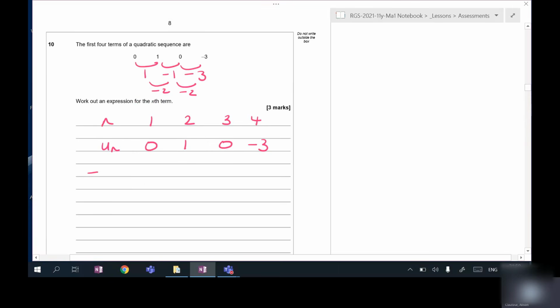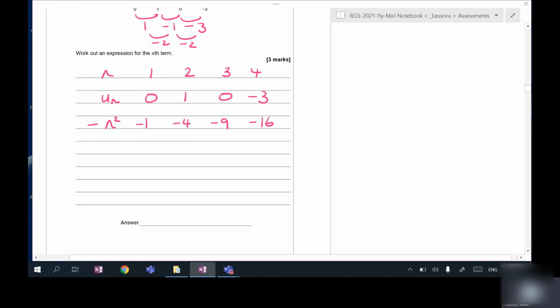So if I work out what my minus 1 times n squared is, so 1 minus 4, sorry, minus 9, minus 16. What you want to see is how much more you need to get to the term. So if I'm at minus 1, then I've got to add 1. So you're doing un minus n squared.